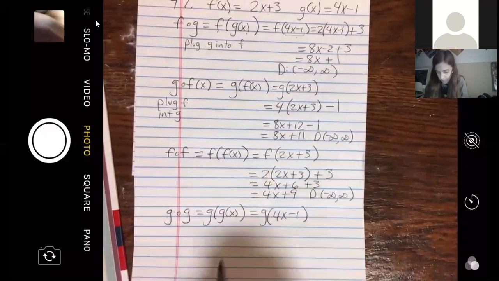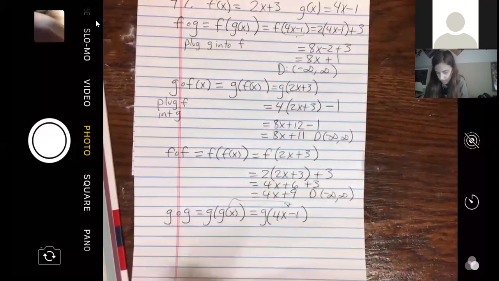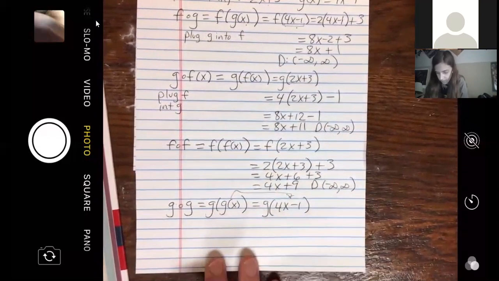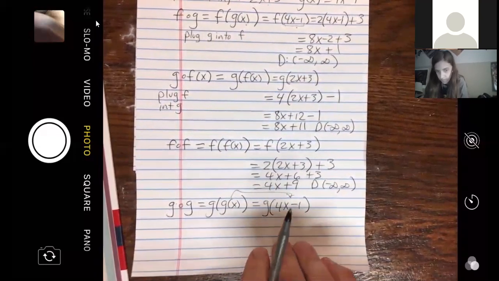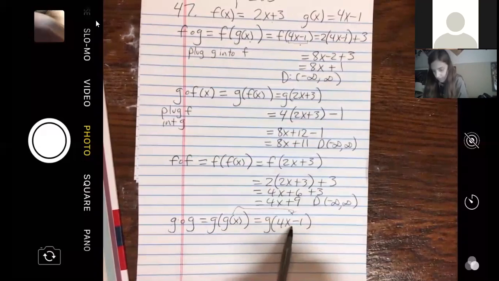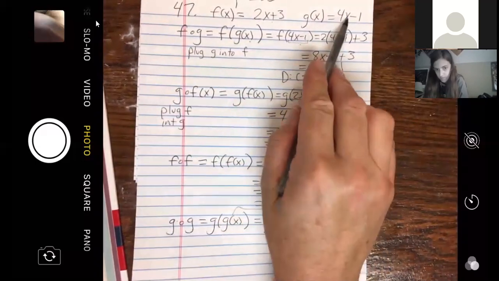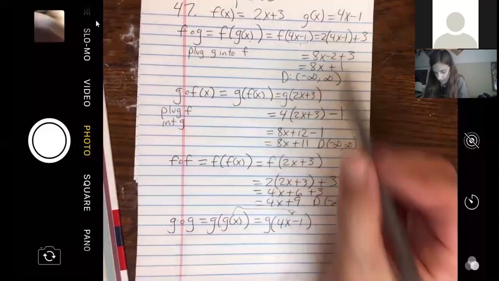Putting G there. So now I'm plugging, in effect, G into itself. So 4x minus 1 goes there. 4 times 4x minus 1, minus 1.